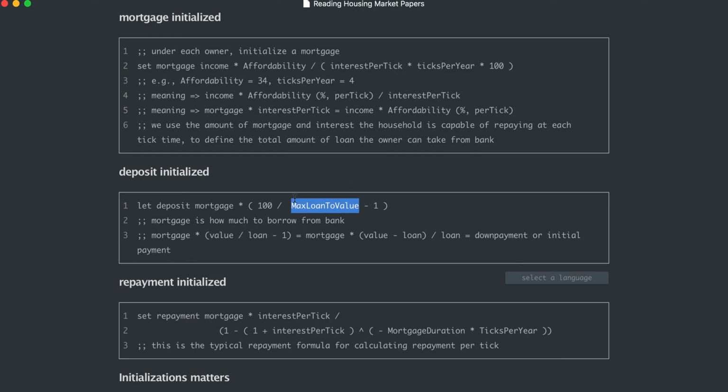This ratio or value is actually changeable by the user. So what we have access to is this parameter which we can change. But this part essentially means the same thing as this part. What we just described is a way to understand this formula. All right, so this is about deposits.